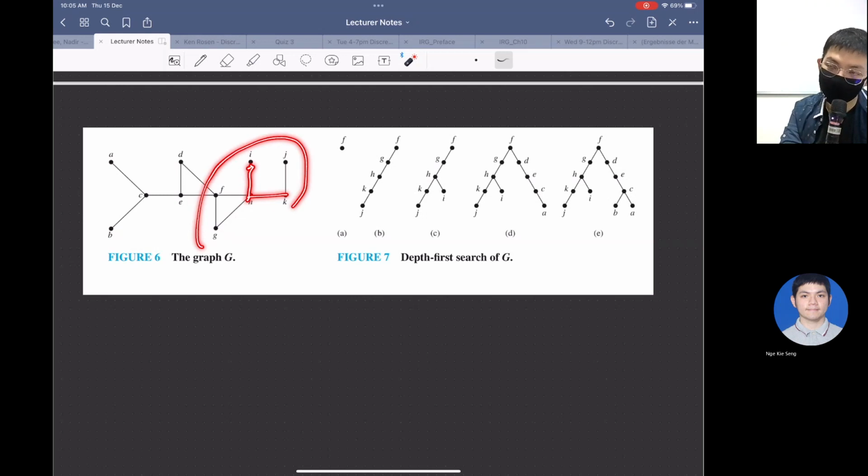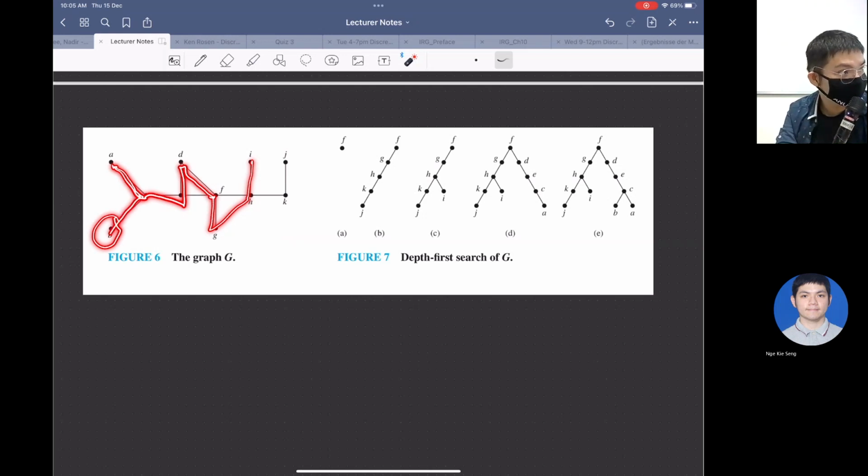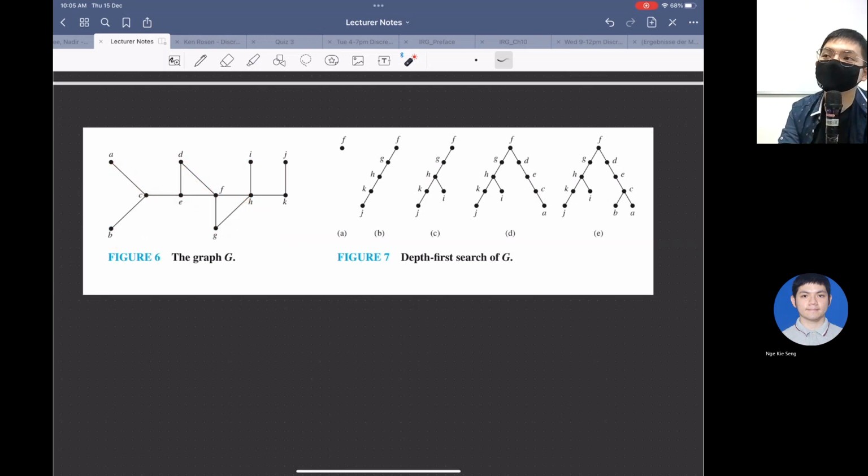Then this side is all done, so you go all the way back to F. Then you go to D, go to E, go to C, go to A. But you haven't visited B yet, so you need to go to the last vertex that is adjacent to B. So you go to B. Make sense?